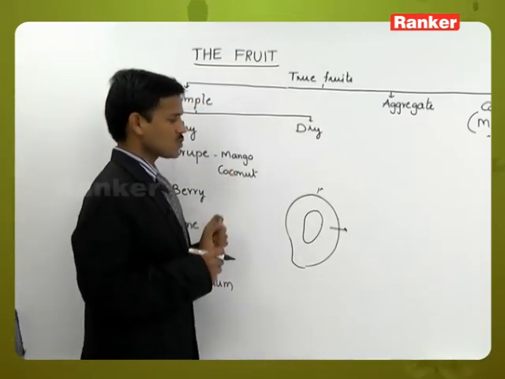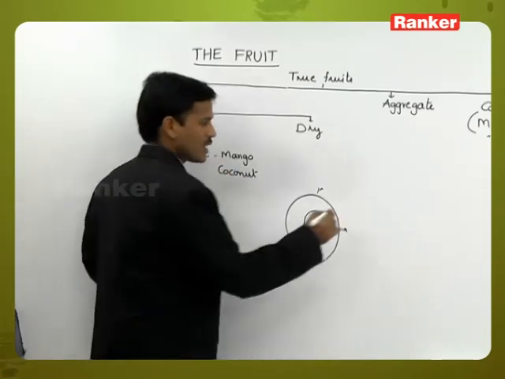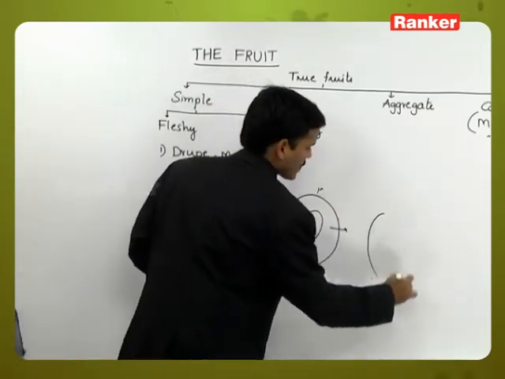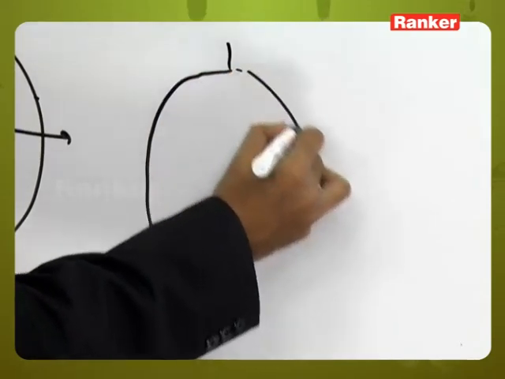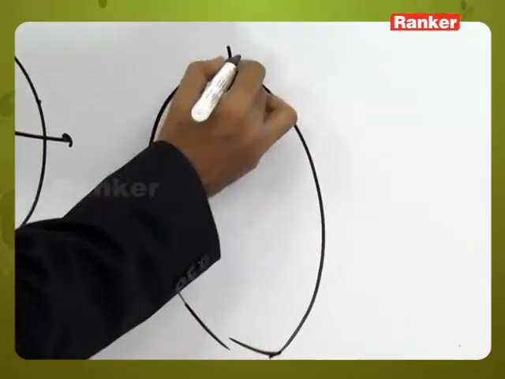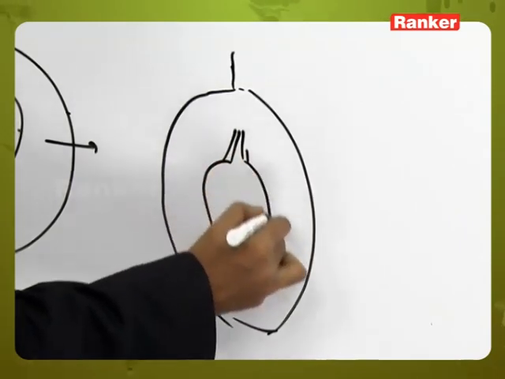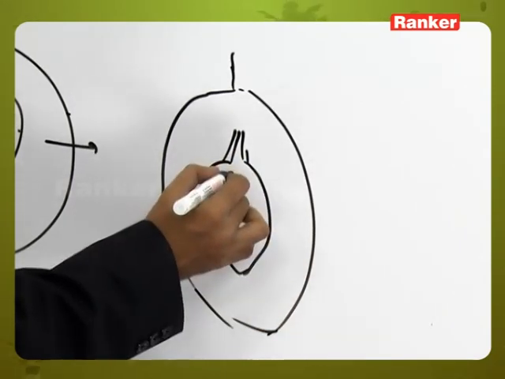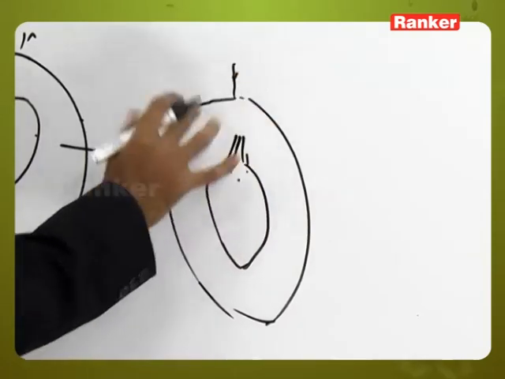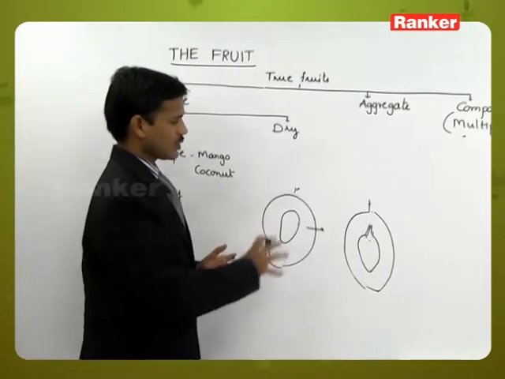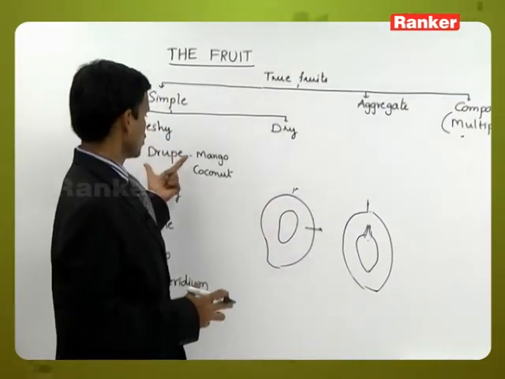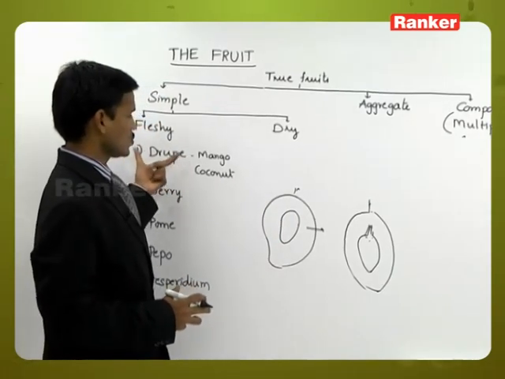And the coconut is also single seeded. So it is a coconut fruit. The coconut fruit is also called a drupe. It is also one example for drupe.